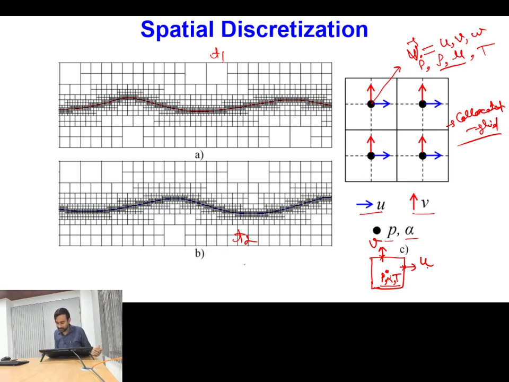So at these points you will know the values of velocities, and it will be easy to calculate the fluxes of momentum across the cell boundaries, because at the cell boundary itself you know the value of velocity. If you don't know velocity at the cell boundary, then you have to interpolate from the neighboring cell values to determine it at the cell face. That step is not needed once you use this type of arrangement. Are all clear with this idea?